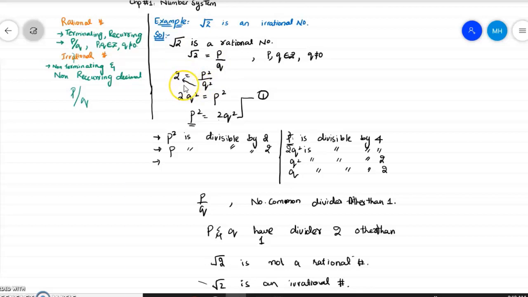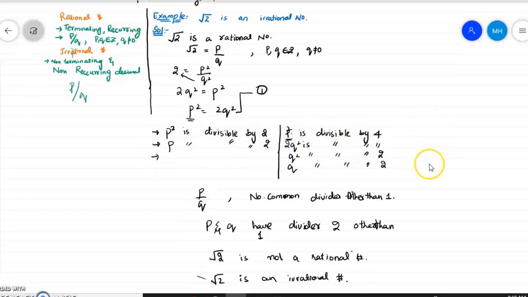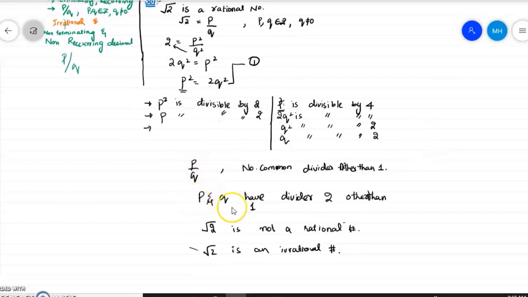Here I cross multiply to make an equation, which gives p square equal to 2q square. Now we have statements: if the square of a quantity is divisible by 2, then the number itself is also divisible by 2. From these statements we deduced that p and q have one more divisor which is not 1. This justifies that p by q is not in lowest terms, because if it were a rational number, the only common divisor would be 1. So this statement tells us that square root of 2 is an irrational number.